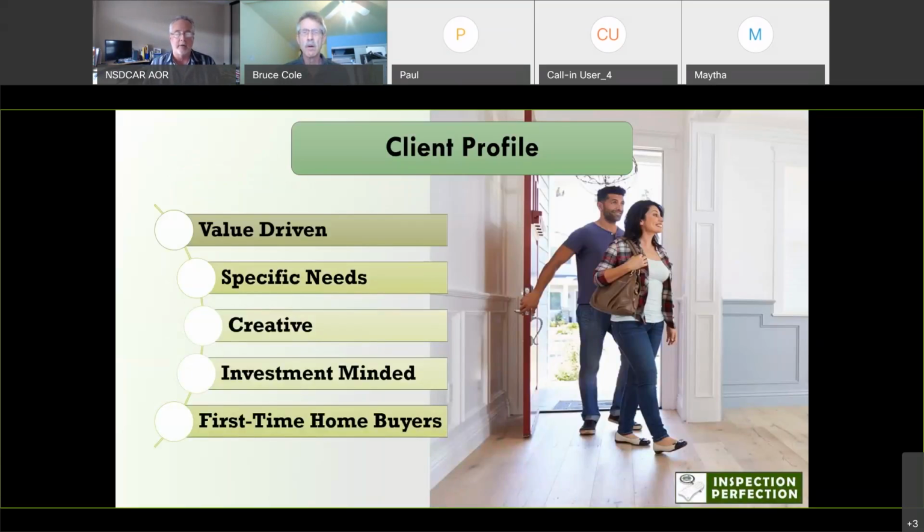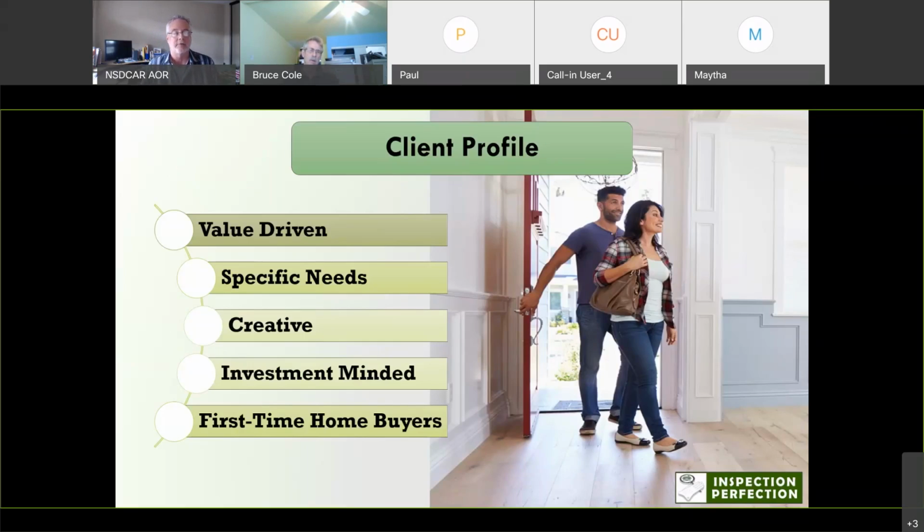They have some very specific needs in the marketplace on what they're looking for that may not exist. So you want to be able to just tell them, we can create it. Creative minded, investment minded, if they're really trying to see this as an investment, we can certainly achieve that with these renovation loans.